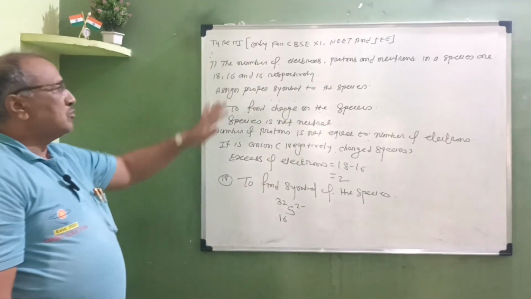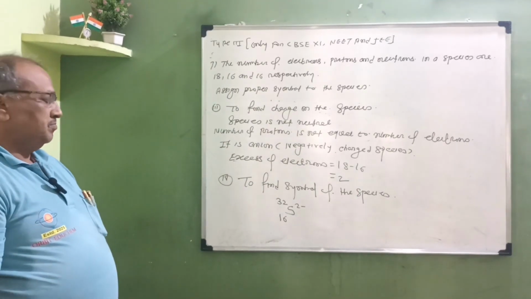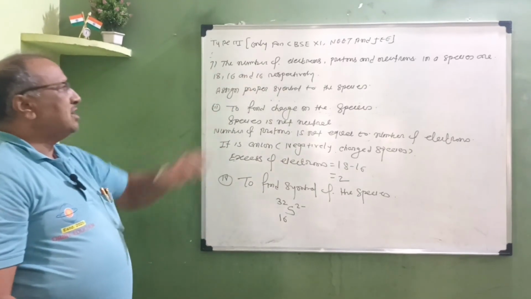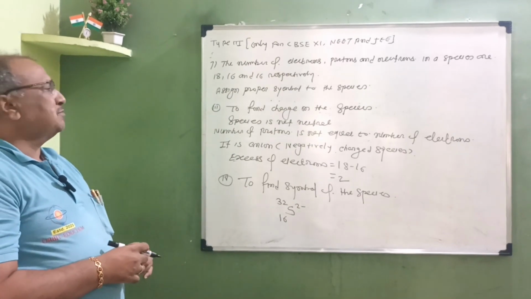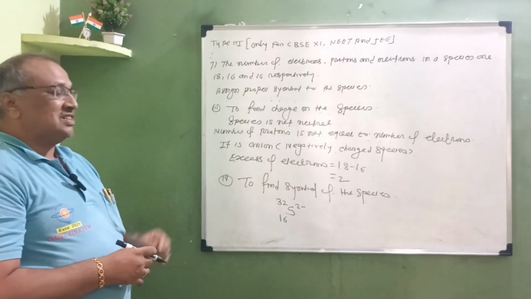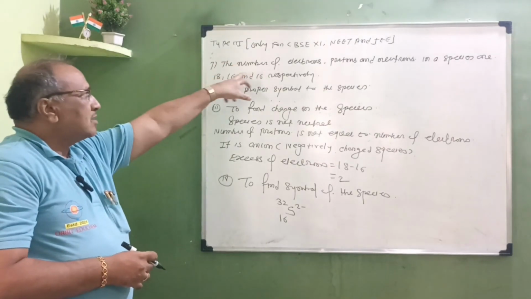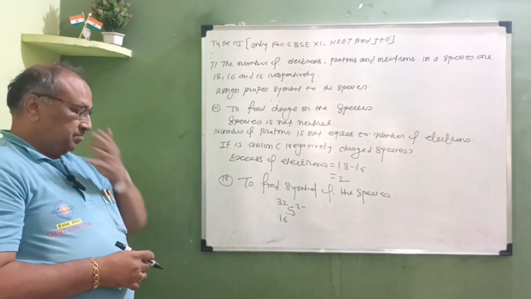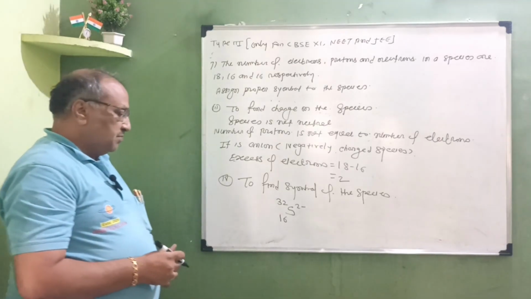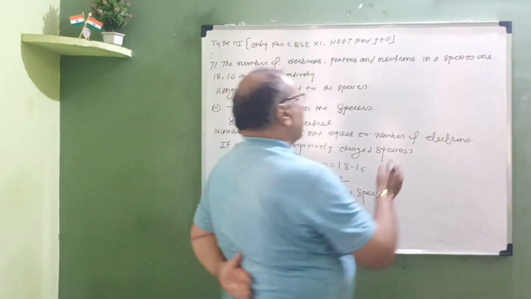Now you can also directly solve this problem. Here number of electrons, protons, neutrons in a species are given, that is 18, 16, 16. Here number of protons is 16. Meaning is that the given element is sulfur.